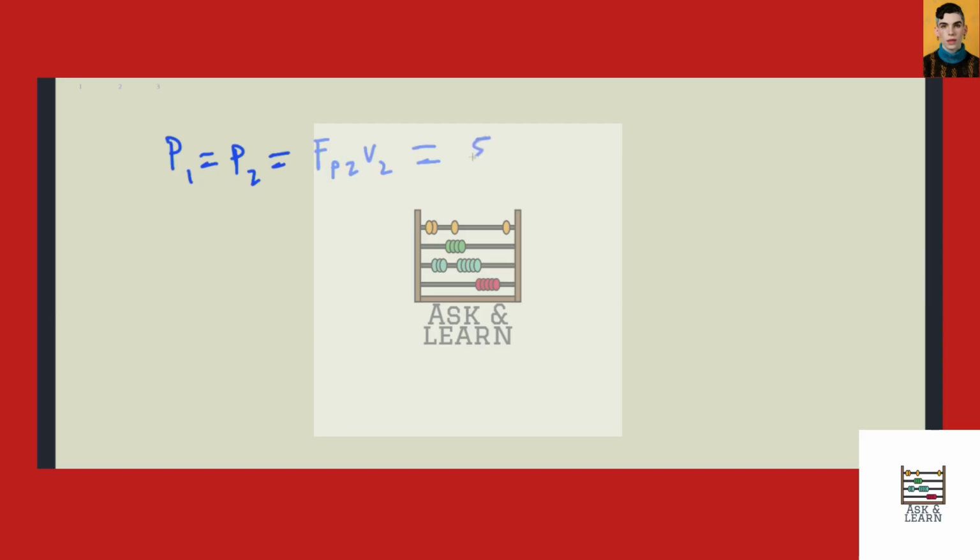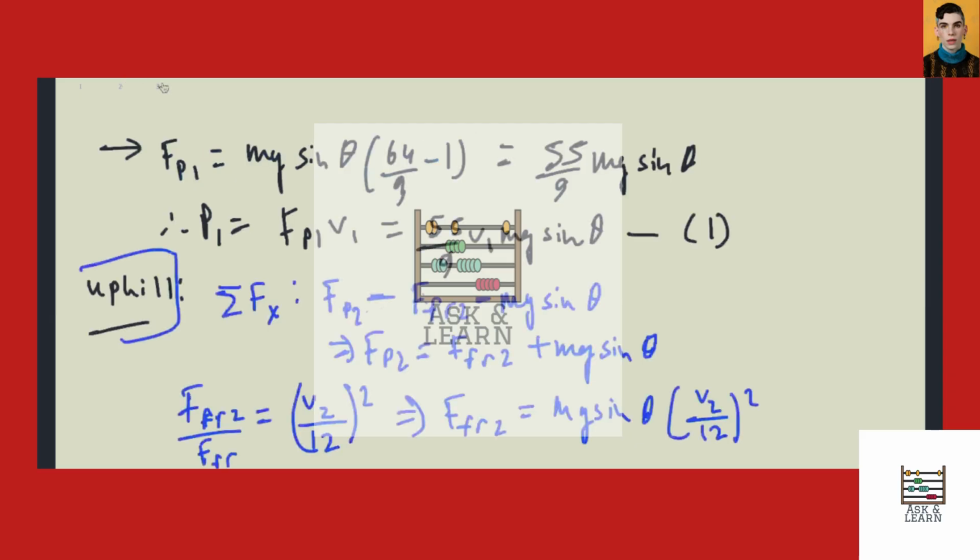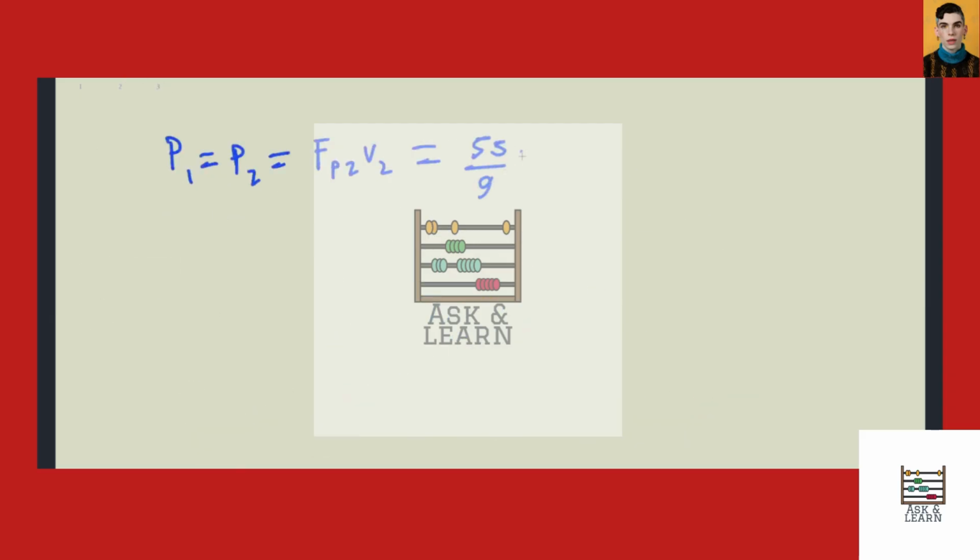And P1, as we recall, is 55 over 9 times V1 times mg sine theta. V1 is 32, by the way. And so FP2 is equal to 55 over 9 times 32 over V2 times mg sine theta.